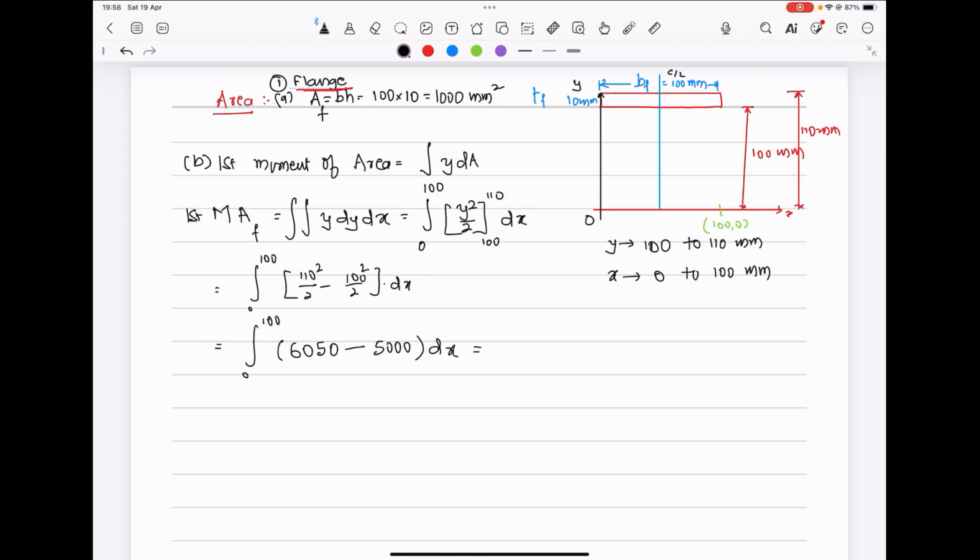That is integral 0 to 100 of 6050 minus 5000, which is 1050 dx.